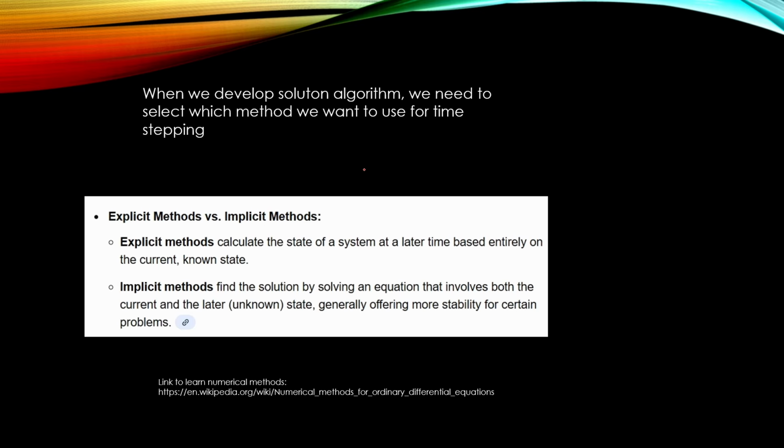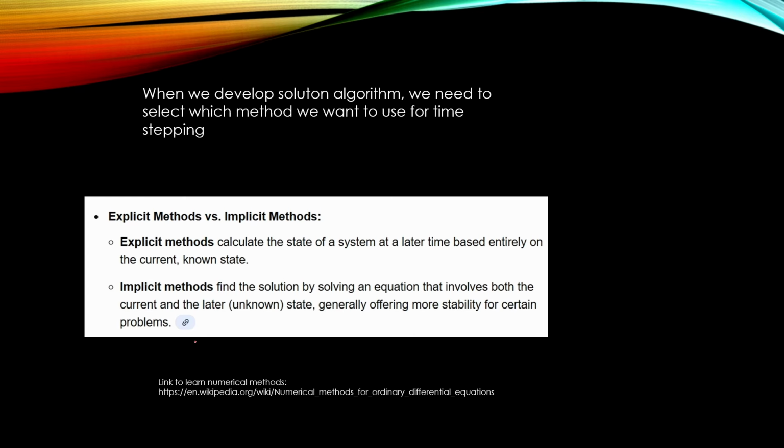When you develop a solution algorithm, it's very important how you handle the time stepping. There are two different methods, so-called explicit and implicit methods. Explicit means that your next time step values are based on current time step values.